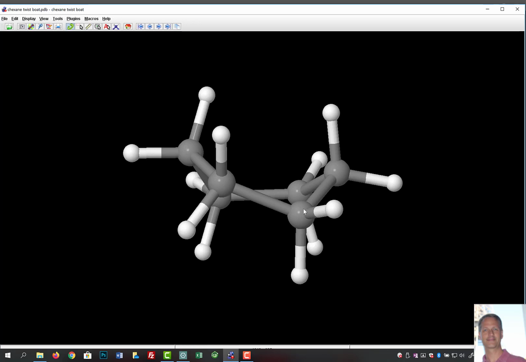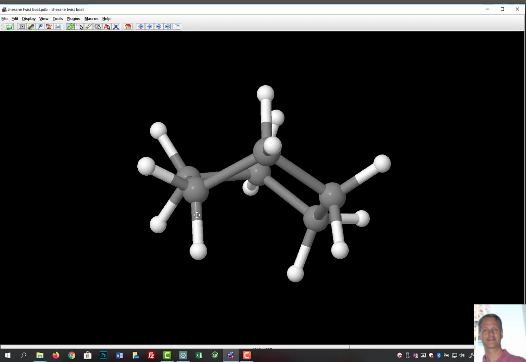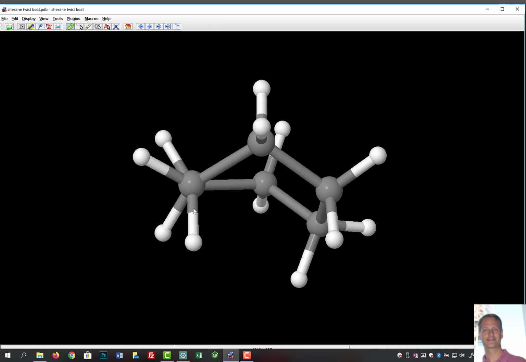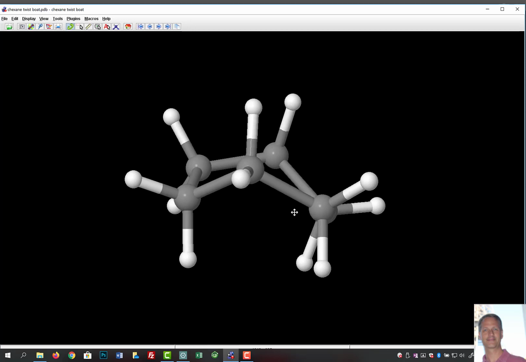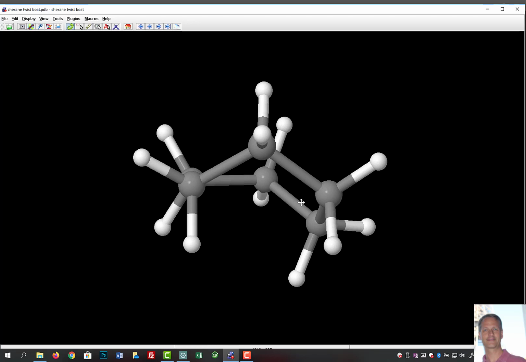Remember that the H's on these two carbons were eclipsed with each other in the boat conformation. As we rotate this around, check it out. They become slightly staggered with each other. It's not perfect, but we're definitely not totally eclipsed right there. So that has a lower energy.